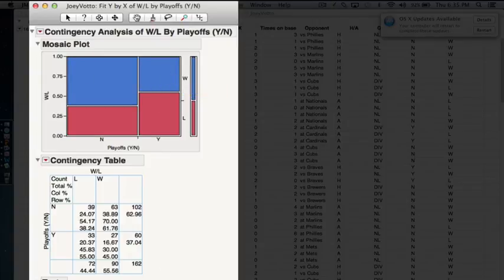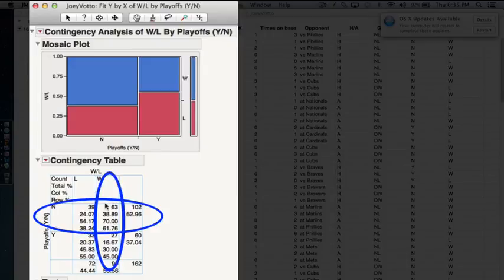Now we're going to look at this table of values called a contingency table. The contingency table provides numerical values for all of the information we previously estimated. To find a box of interest, find where two outcomes you want match up. Let's find the information of where the Reds played a non-playoff team and won. So that would be this box here.